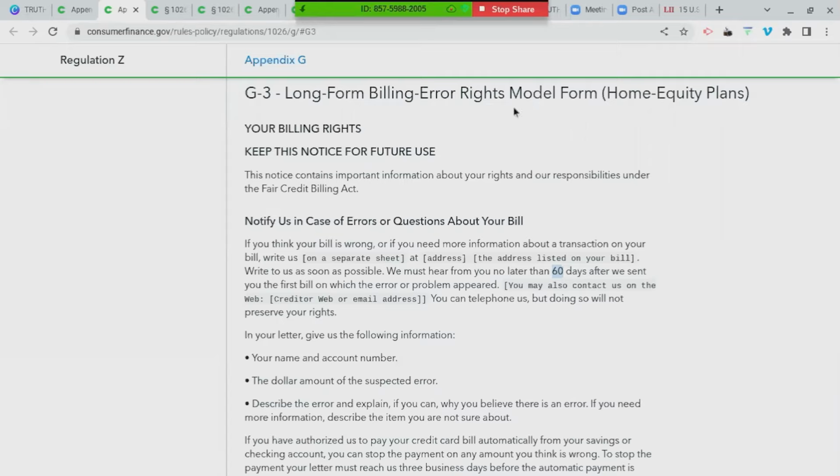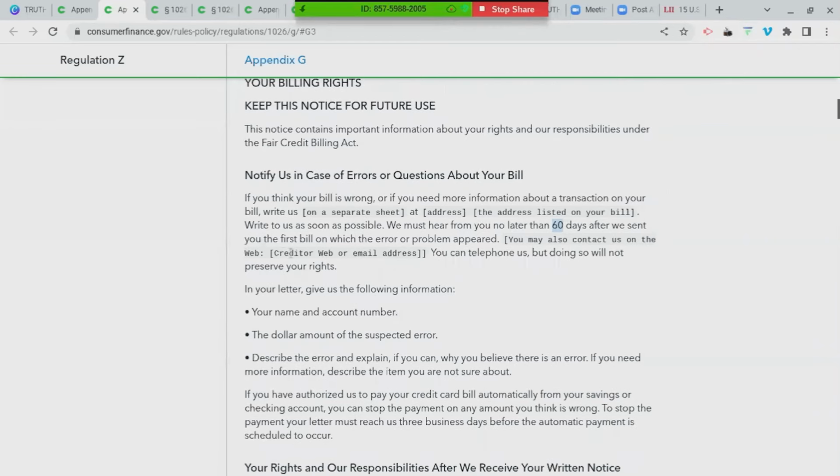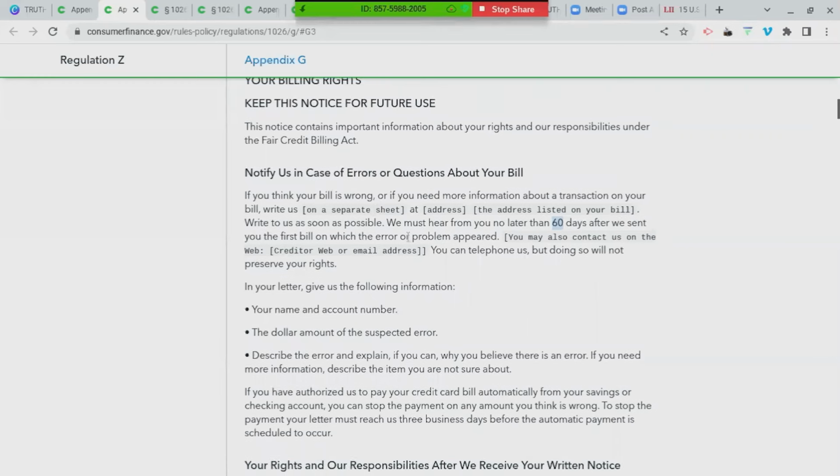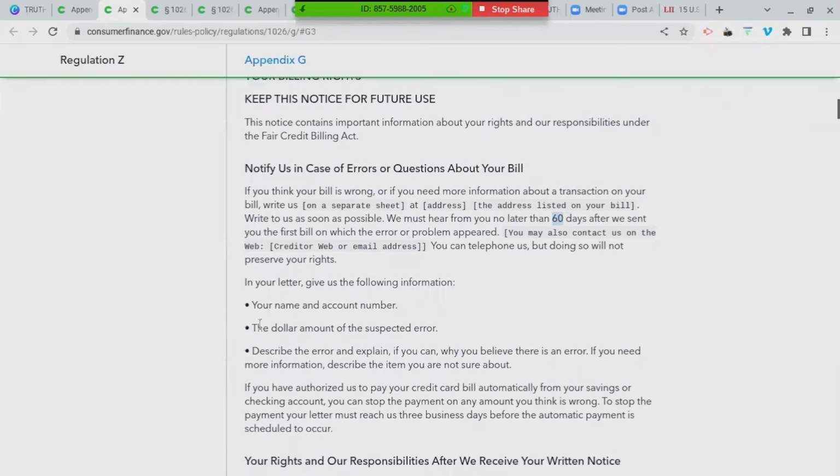So you're going to use your billing error rights model form to let them know that you have a dispute, and all this information should be provided in your dispute. Your name, account number, the dollar amount of the suspected error. You need to describe and explain, if you can, why you believe there is an error, and I just gave you why.